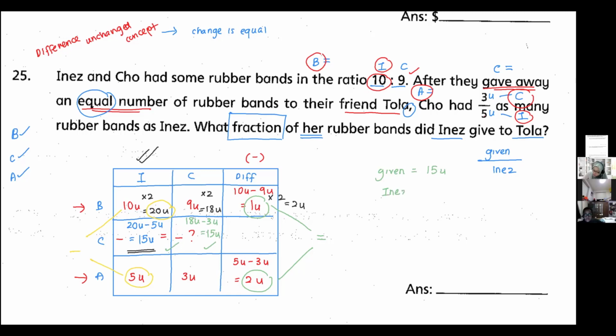Ines is 20 units, so it's 15 over 20. Then when you divide by 5, you get 3 out of 4. That is the answer. Okay?